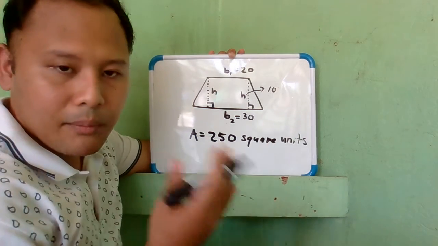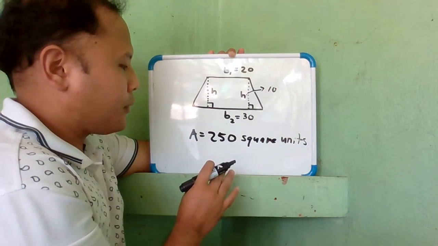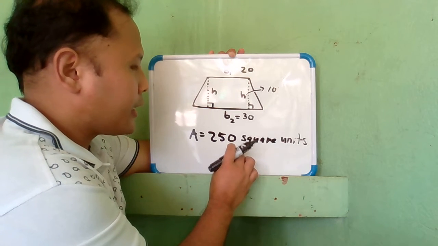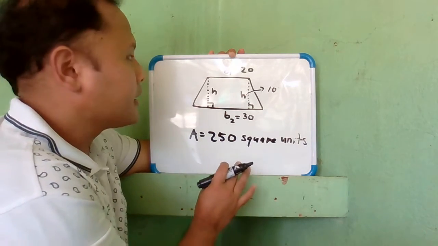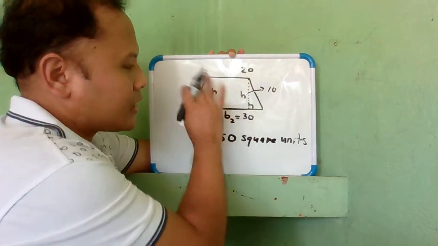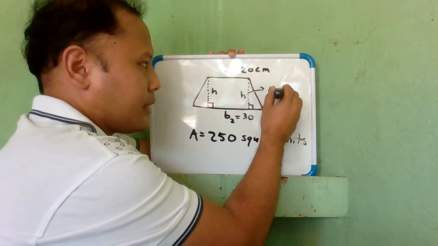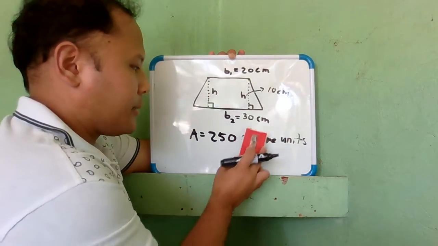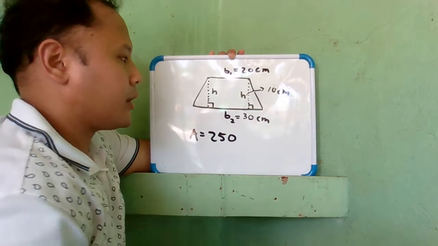So, if you do not have any units for base 1, base 2, and the height, then whenever you compute for the area, the unit of the measurement for area is square units. But if these measures are given in centimeters, then you can have square centimeters for the area of the trapezoid.